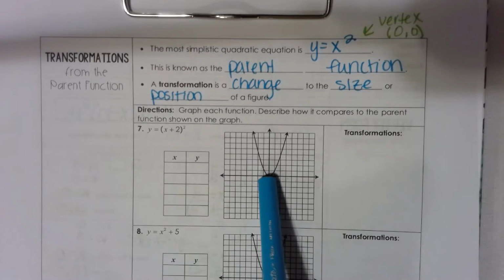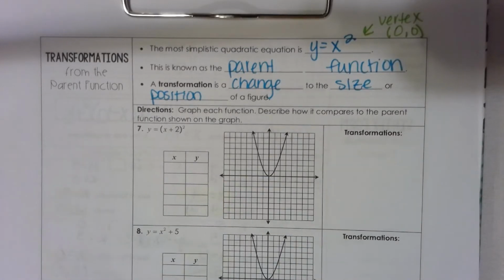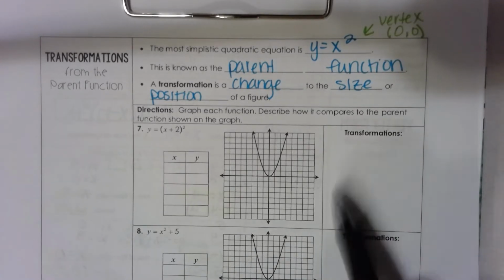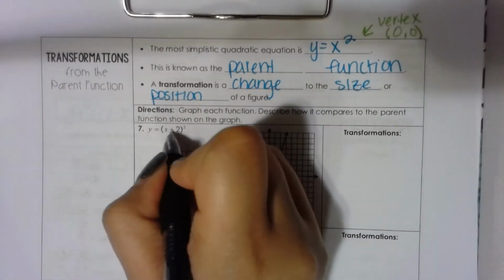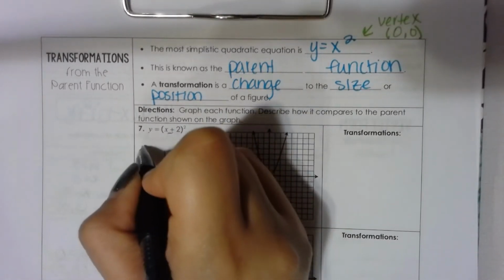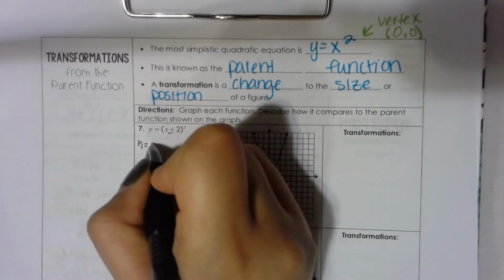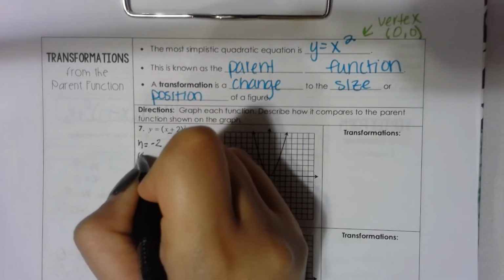So we're going to be graphing each function and we're going to describe how it compares to the parent function shown on the graph. The way we do that is by doing transformations. Since this is plus right here, that means your h value is -2 and your k value is 0 since there's nothing on the end.